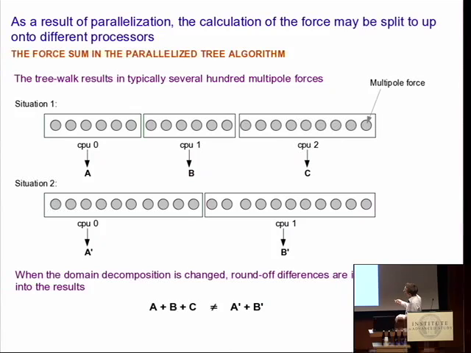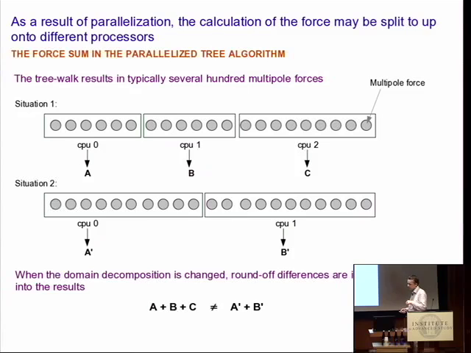Say you have a given number of processes that you put on the problem, maybe 8 or 16, then a certain particle will get a force calculation like this, with a certain number of terms that are summed up, but the sum is carried out in part on different numbers of processes. So first, there will be a tree walk along this partial branch, another process walks this branch, another this branch, and you get three partial forces A, B, C.